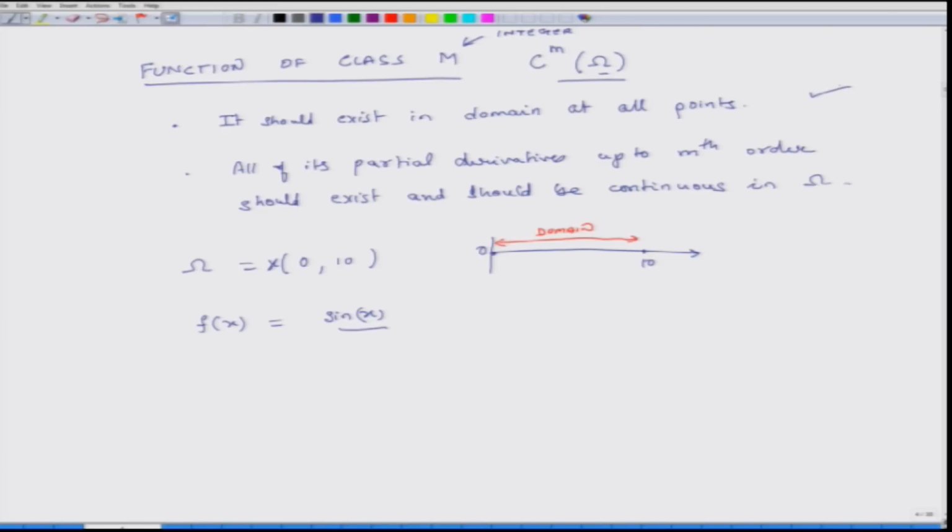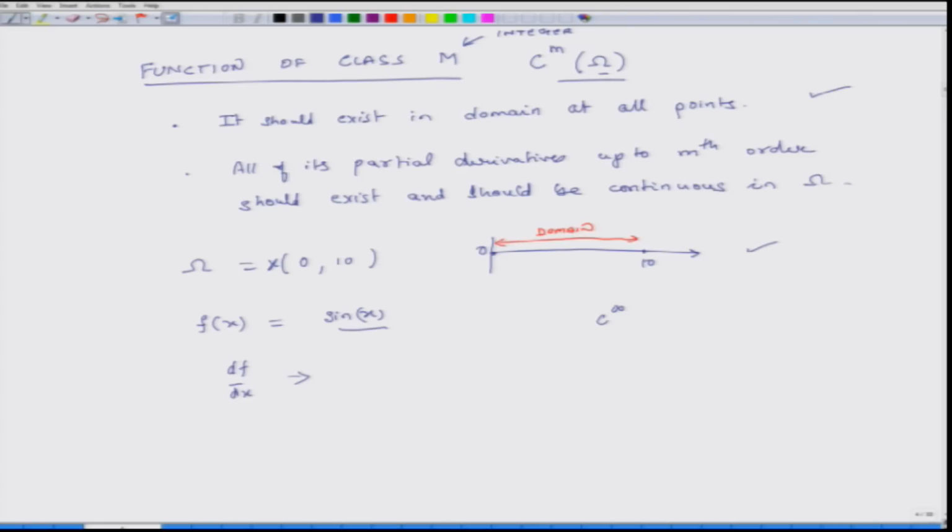So, this condition is true, and then I also see that df/dx exists for all the points in this domain 0 to 10, and all of its derivatives actually exist. I can keep on differentiating it. So, this is class infinity.